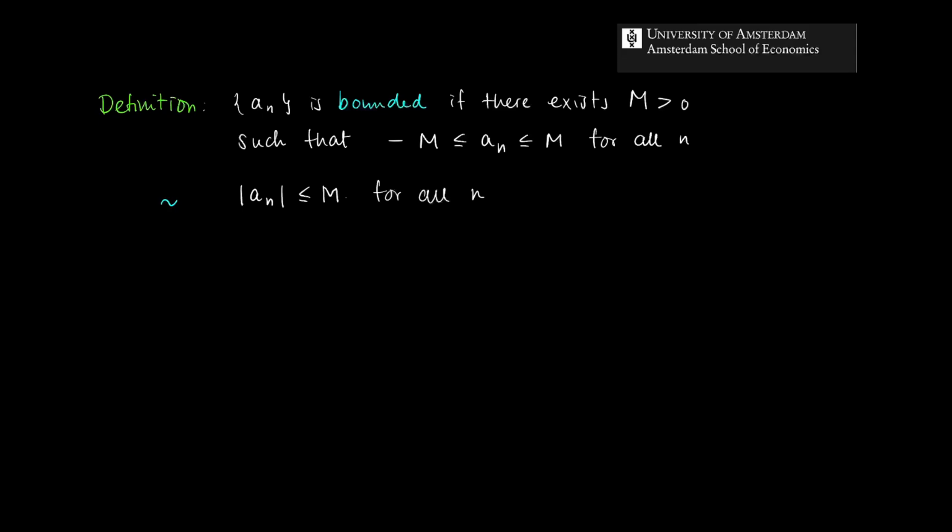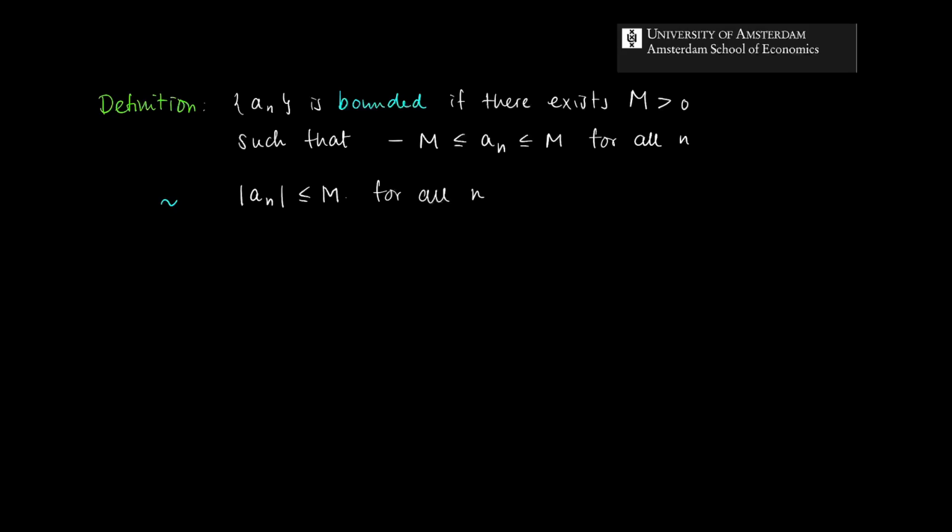This is equivalent to expressing that there exists a constant m larger than 0 such that all elements a_n are contained in the interval minus m to m. This means that in absolute value, a_n is smaller or equal than this constant m, and this should hold for all the index numbers we have.